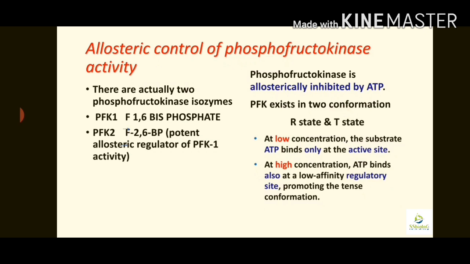We see that PFK is allosterically inhibited by ATP. When ATP level is low, the enzyme assumes the R state and functions at optimum level. But when ATP concentration is high, ATP binds to the low affinity regulatory site and promotes the tense conformation, that is the T state.